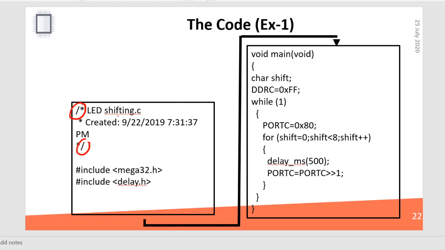The name of the file is the ledshifting.c file. It was created on some date. These slash lines are basically the comment section. If you write something within these slashes, your compiler will ignore these lines.